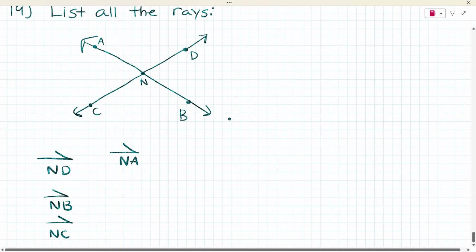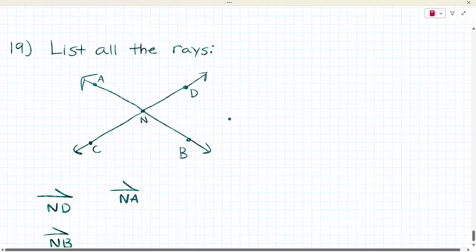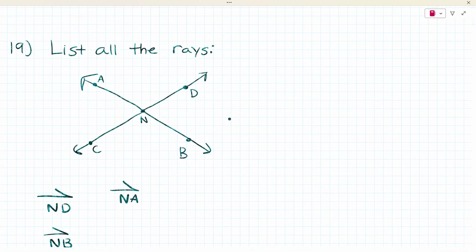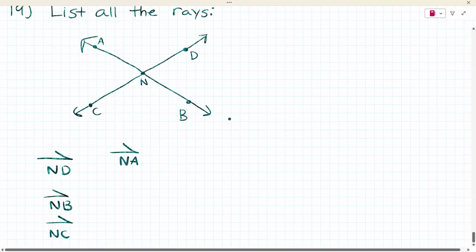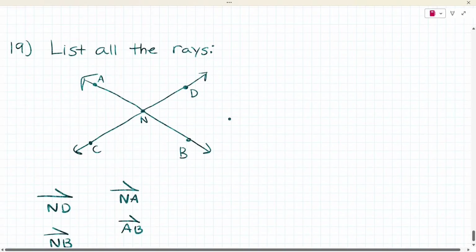Now we could also express this as ray AB. You start at point A and then it never stops past point B. So ray AD. And then another one would be ray DC.